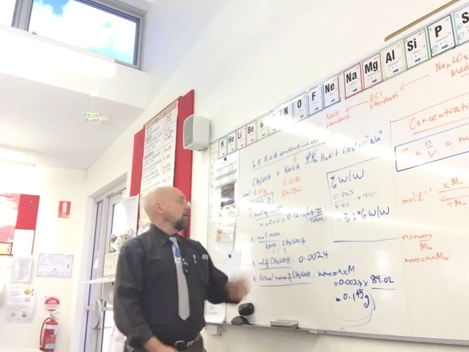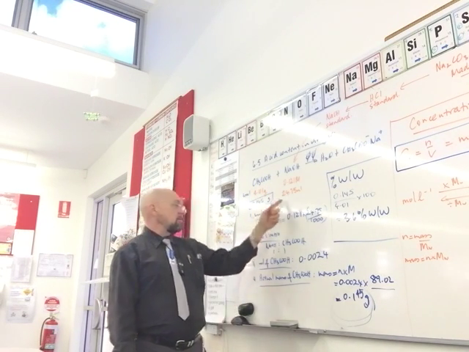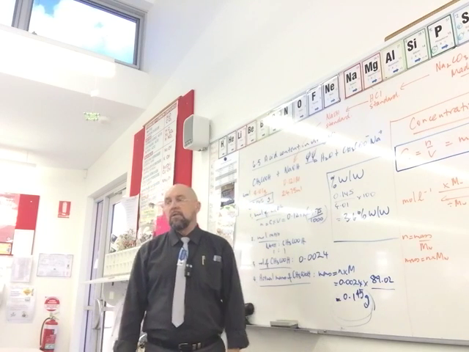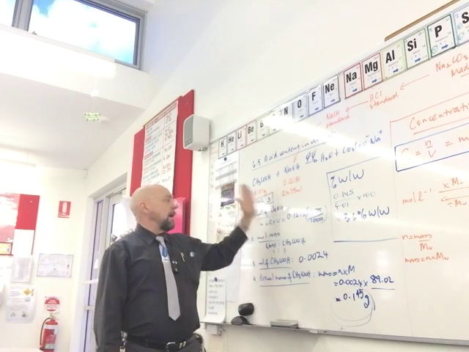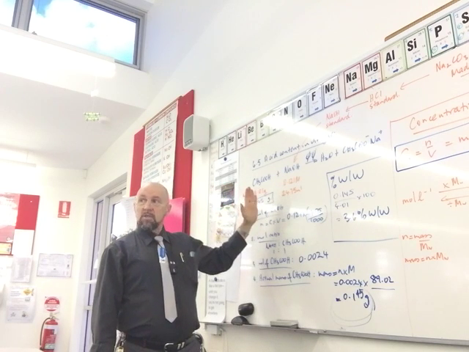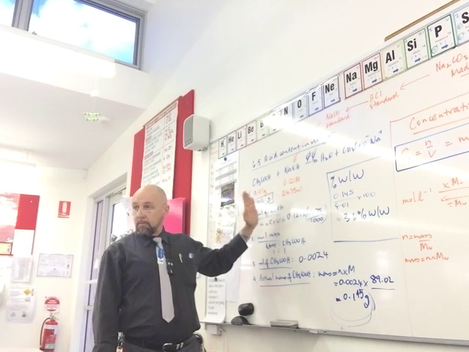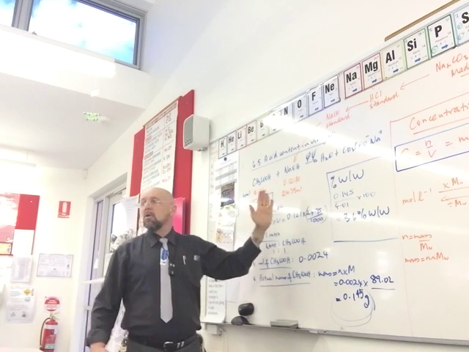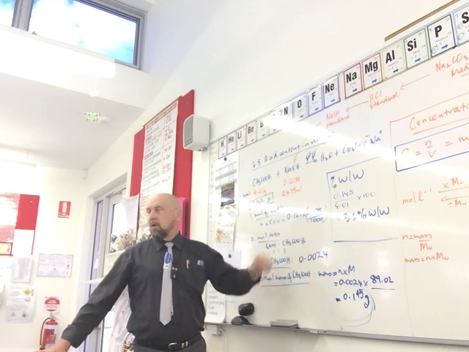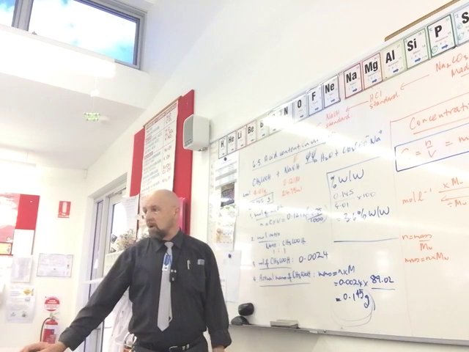Now, a lot of people have got different masses, and then they take their titre values and they want to average their titre values. If you've got a different mass, which most people have, although I know a few groups somehow have managed to have the identical mass, then you can't use concordant titres. Why not? Different masses, different number of moles.